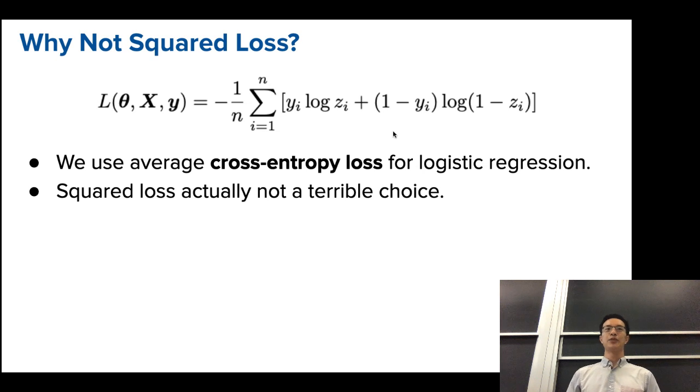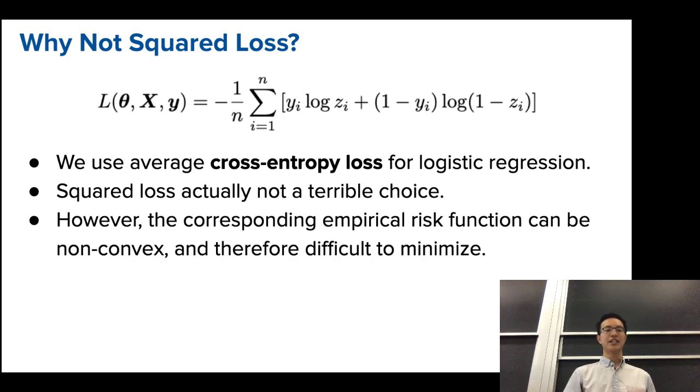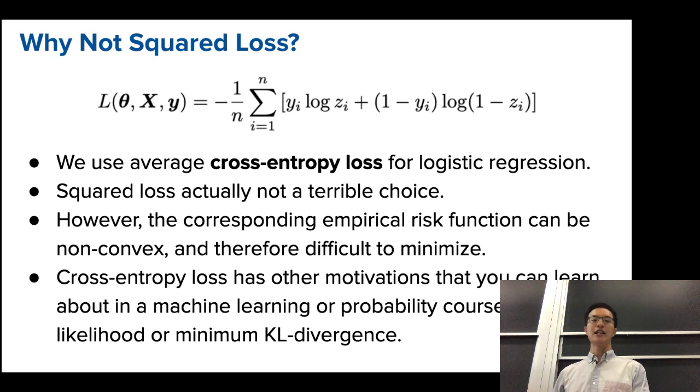Squared loss does get you a good model a lot of the times, but it turns out that the empirical risk function can be non-convex. So it can be tricky to minimize if you don't put in a lot of effort to minimize it.